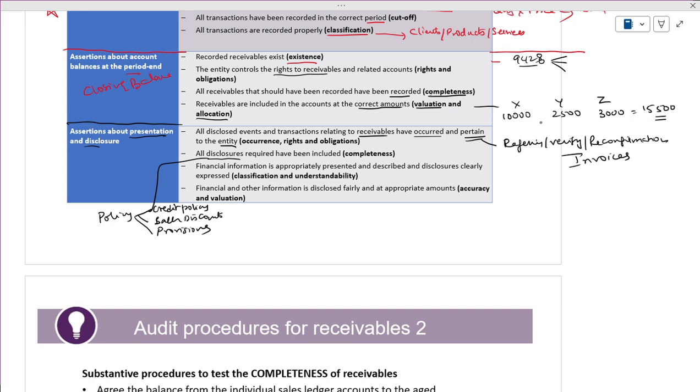See the thing: you are talking in terms of credit limits also. We are talking in terms of selling to approved clients.